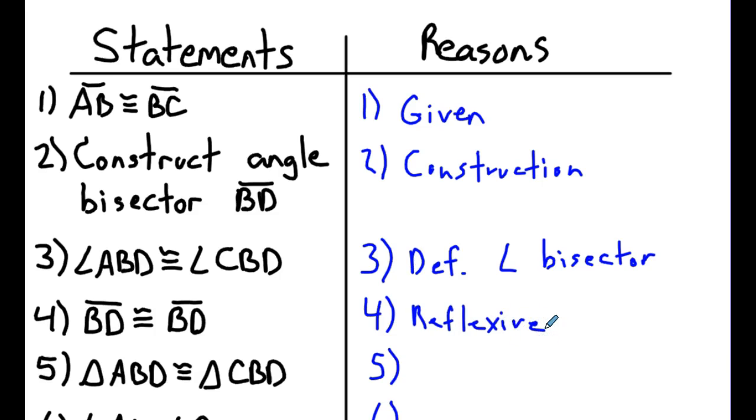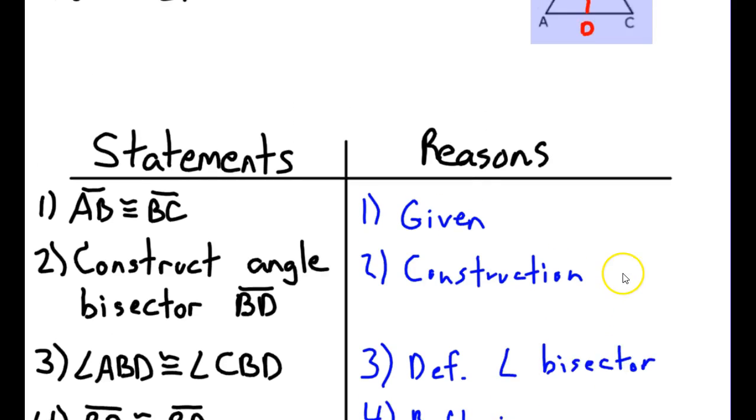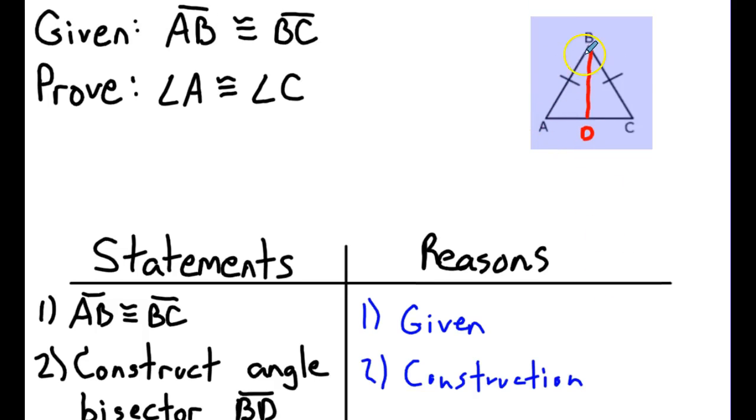Reflexive property says any side is congruent to itself, any angle is congruent to itself. Reflexive property of congruence.